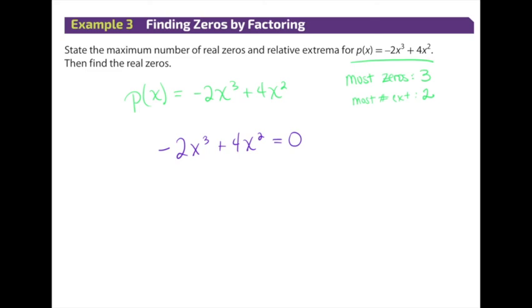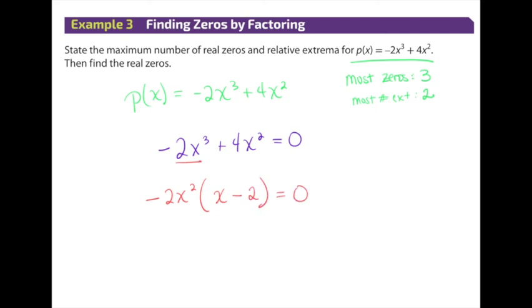So I would actually factor out a negative x squared, because that's just what I like to do. I like my leading guy to be positive. So if I divide this by negative x squared, I get 2x. If I divide this by negative x squared, and actually I can take out a negative 2. Let's do that. So we're going to take out a negative 2x squared here, because 2 also comes out of both of them. So I have just an x here minus just a 2 here.